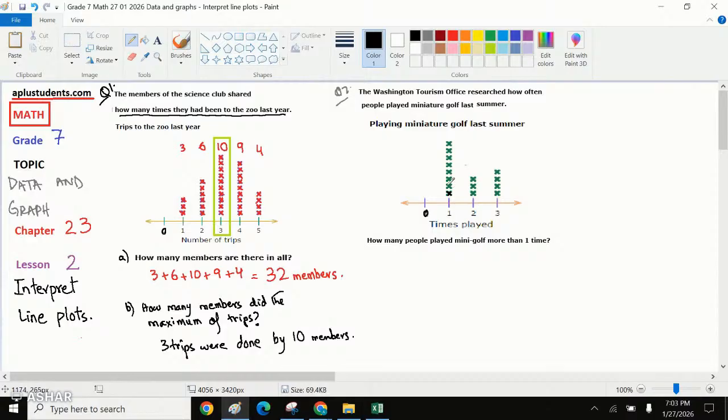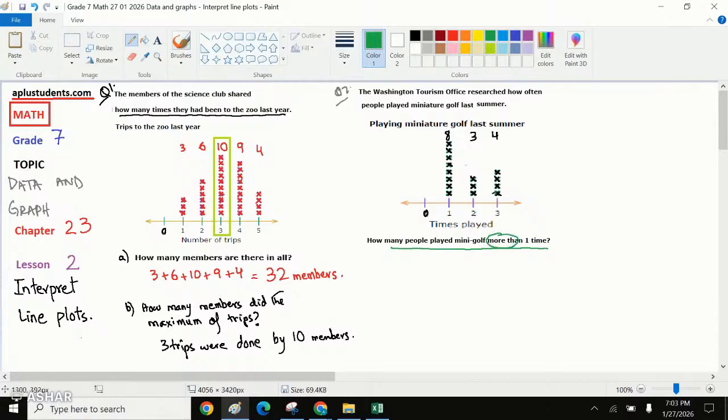One was played by 1, 2, 3, 4, 5, 6, 7, and 8. 2 were played by 3. And 3 times golf was played by 4 people, right? So the question is asking us how many people played golf more than one time, more than one, right?